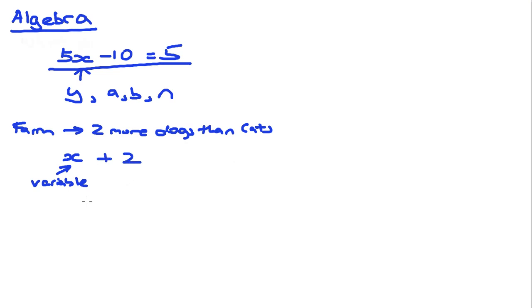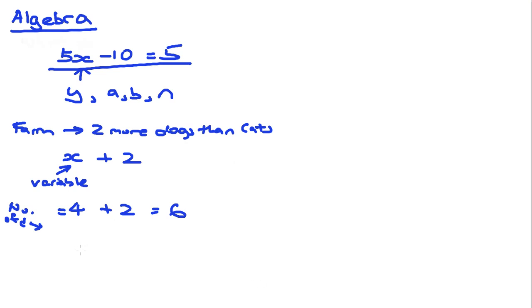If someone tells you there are 4 cats on the farm, then the number of dogs equals 4 plus 2 equals 6. As you can see, because of algebra, we can see the relationship between the number of dogs and the number of cats.